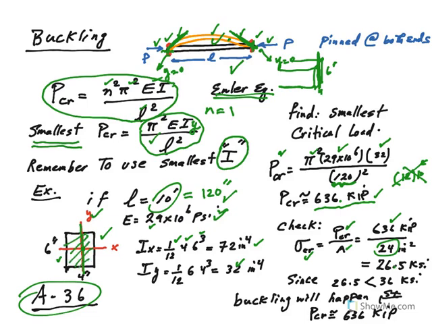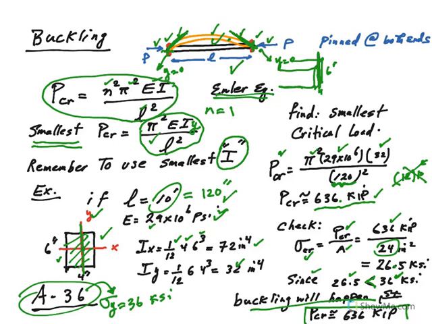This comes out to be 26.5 ksi. Remember the yield stress for A36 is 36 ksi, right? Since 26.5 is smaller, yielding is obviously not going to happen. Buckling will happen first. Therefore, the critical load is 636 kip.